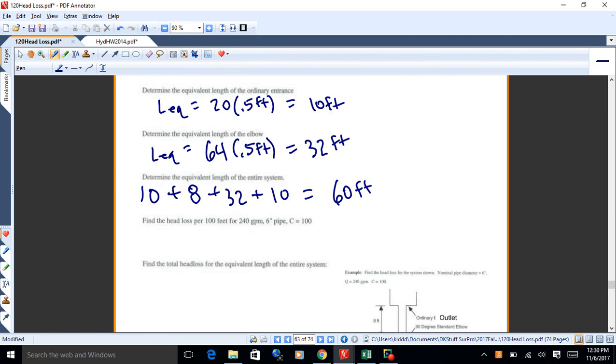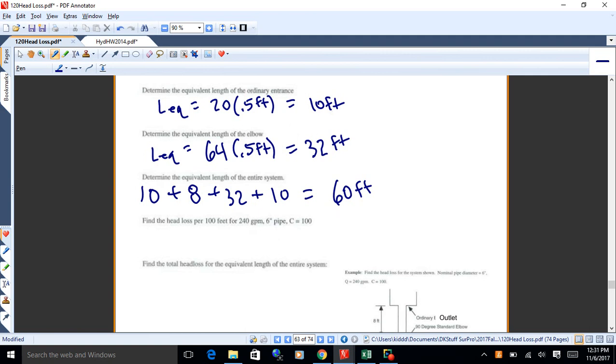And then you can find the head loss per 100 feet for 240 gallons per minute, 6-inch pipe, C 100. Just go to page 108 for that.